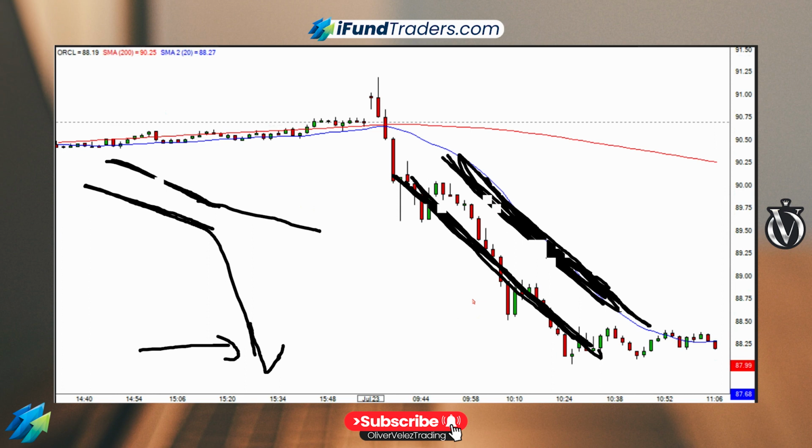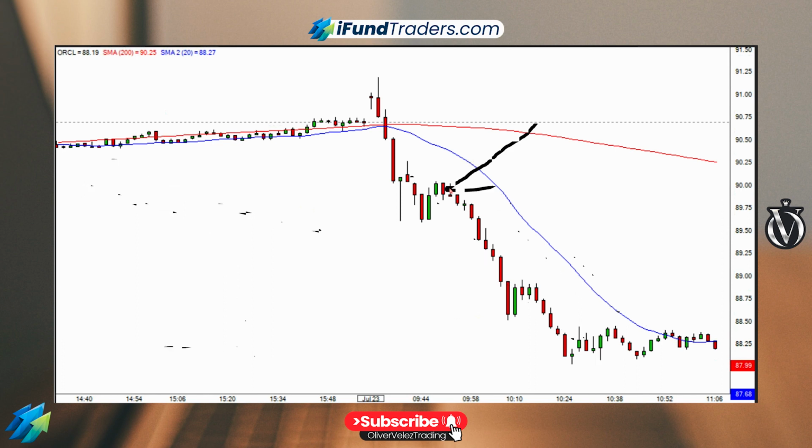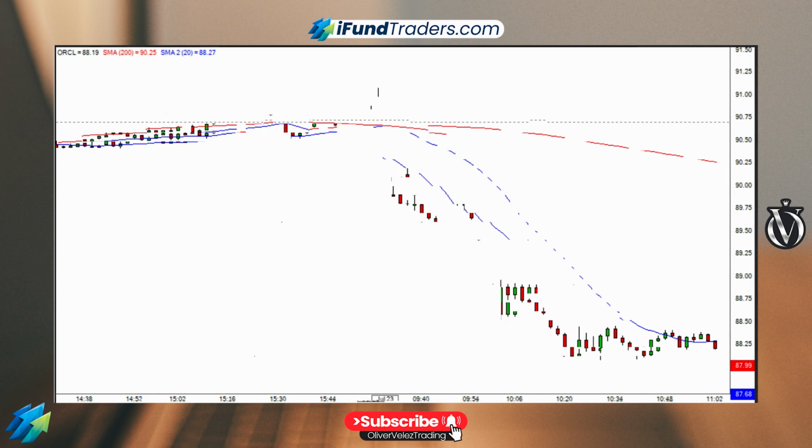So it's better to just stay with this flow to the downside, getting in on colors, taking profits on brief moves away, getting back in on color changes, what have you. But Oracle had definitely just a beautiful, basically all-day move.